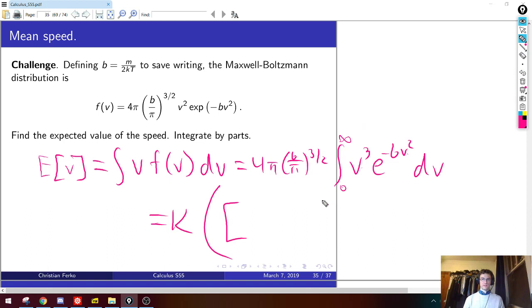It would be v cubed times e to the negative b v squared times, well, we're integrating, so you need to divide.